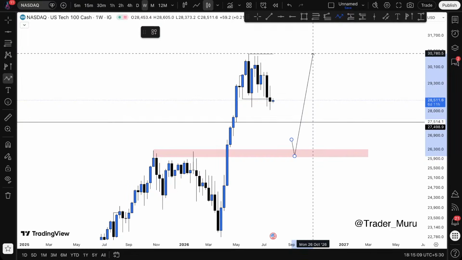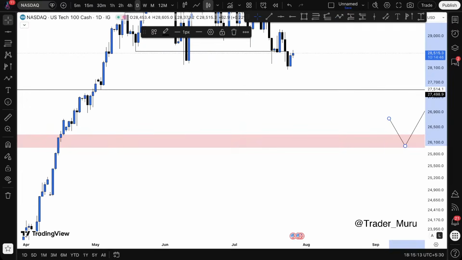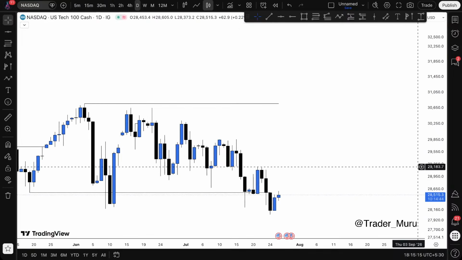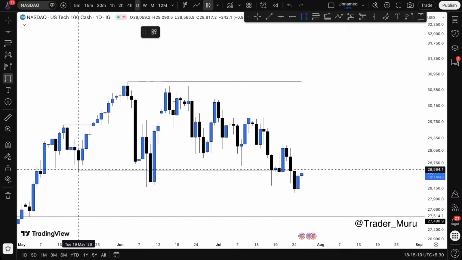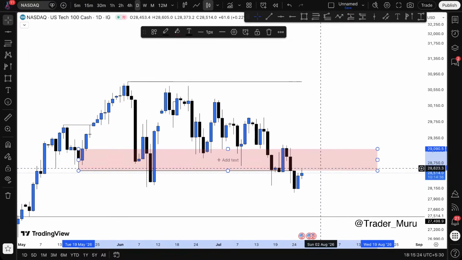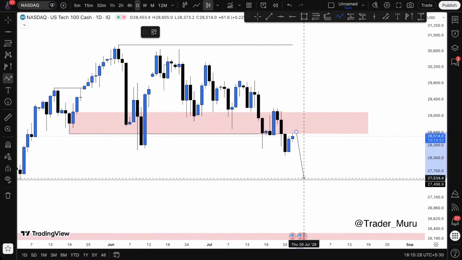This is the bigger view. Now let's watch the daily time frame. Bearish. We have a change of character. So this is your breaker block from where price should drop again. Price should drop again from here. 4 hour.